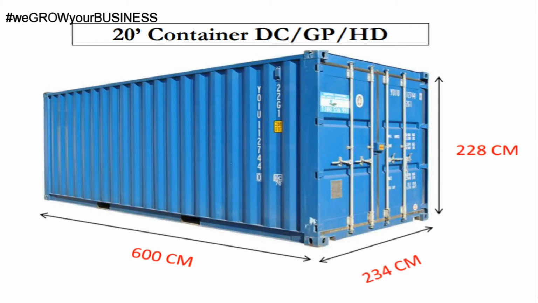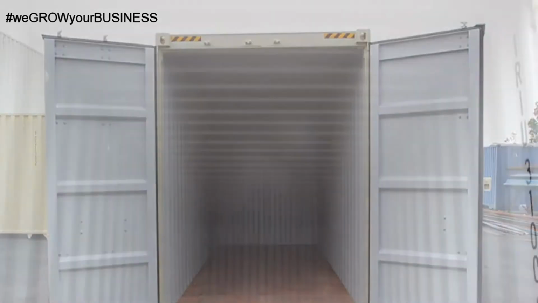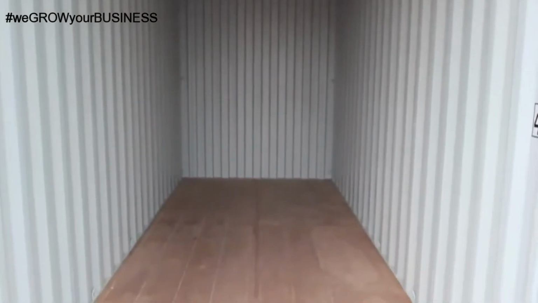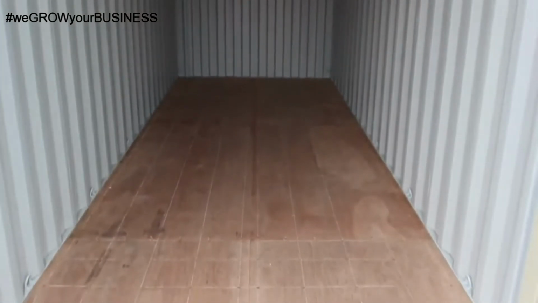Now let us see the use of standard dry containers. Standard dry containers are used to transport all types of general cargo dry goods by road, rail, or water. Mainly two types of standard dry containers are there, 20 feet and 40 feet, which are suitable for most types of cargo. Sometimes 45 feet dry containers are also available to transport lengthy cargoes.